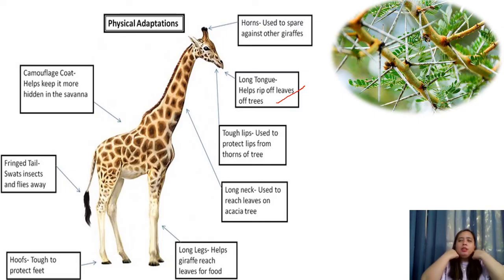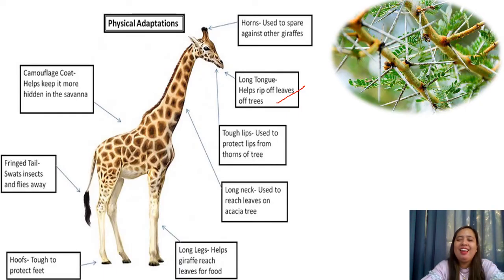So, what your giraffes did is also to adapt in relation to the adaptation of your acacia. So, what happens is that they have now tough lips, kumbaga yung makapal nilang labi, pinatigas nila, hindi naman pinatigas, but over the years, siguro, kakakain niya dito kahit na gutom siya, nagkakalyo siguro yung labi niya.